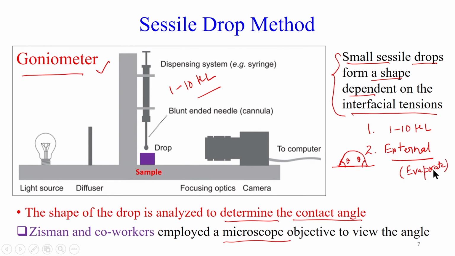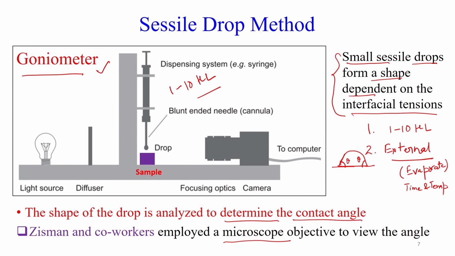Both are factors, time as well as temperature. So, you have to maintain the temperature in such a way that there is minimum or no evaporation of the liquid, and try to keep the volume of the drop as small as possible.